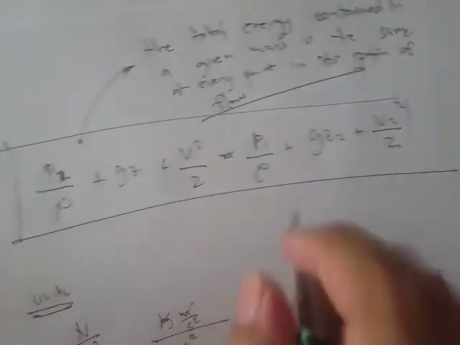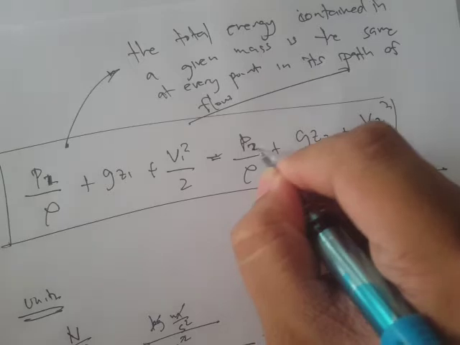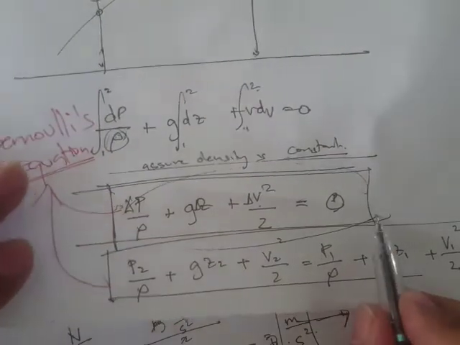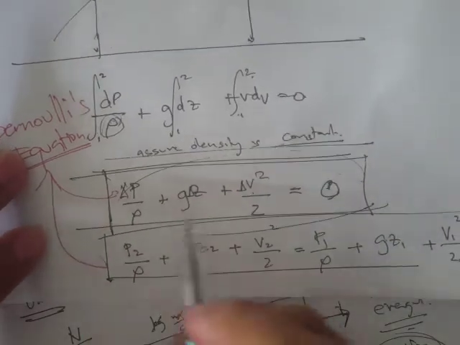Because if you, sorry, this should be p sub 2. So if you express this in terms of this one, okay, so it's just actually 0.